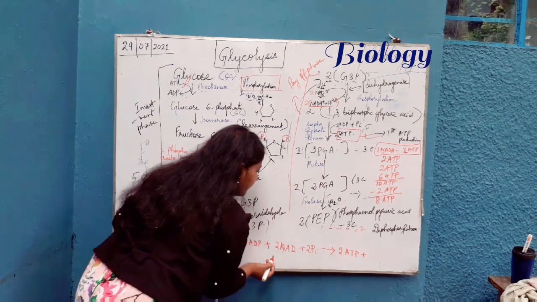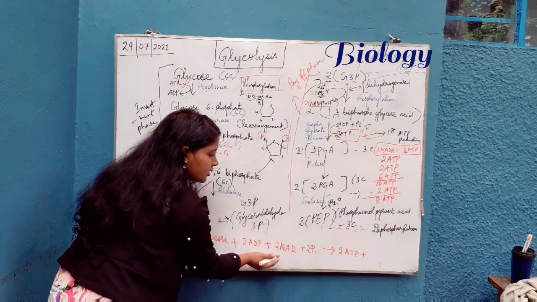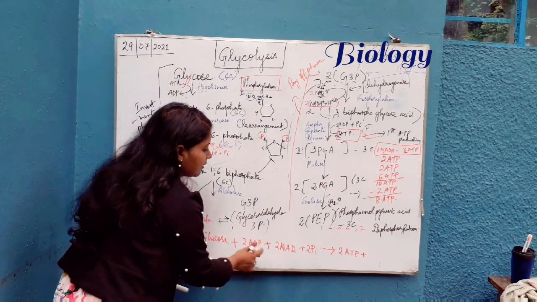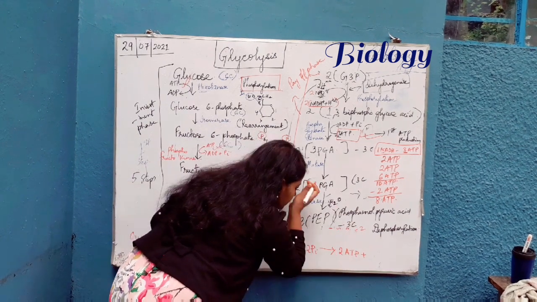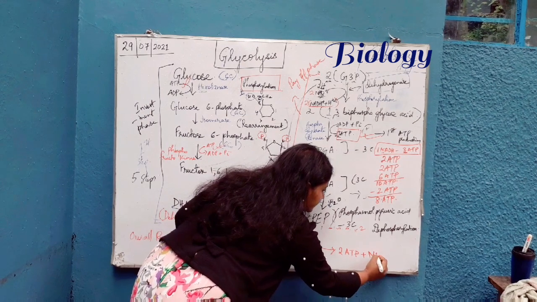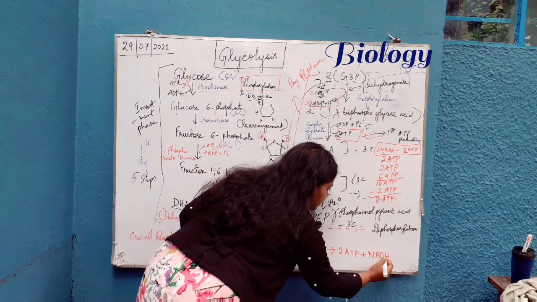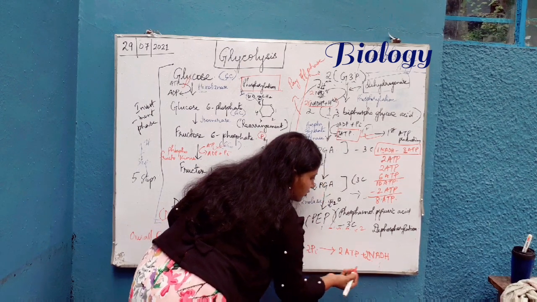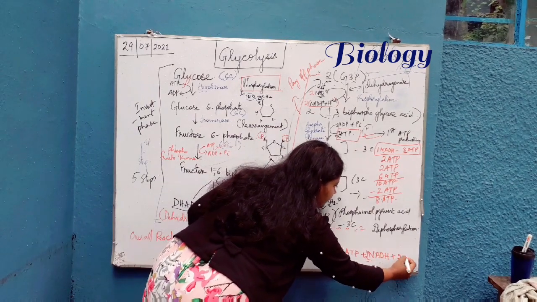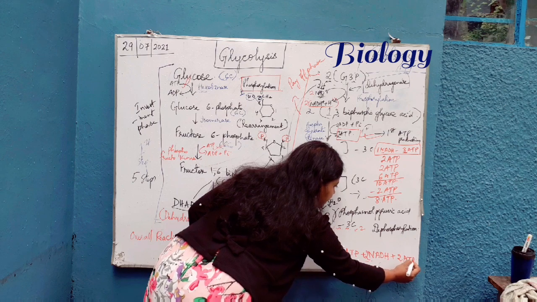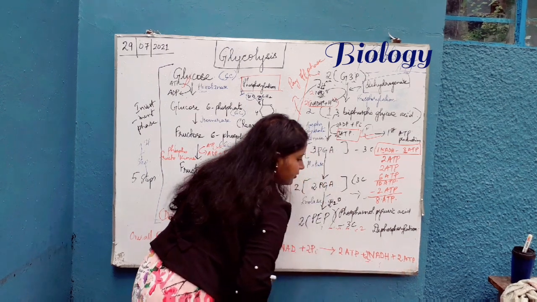Then NAD, which is reduced, is called an oxidizing agent. So the NAD which has been reduced to NADH, that is 2 molecules. Here also 2 will come. Then the ATPs I have given already.